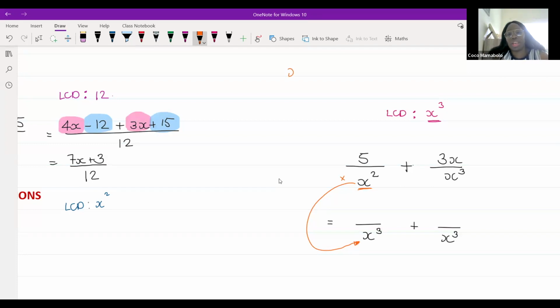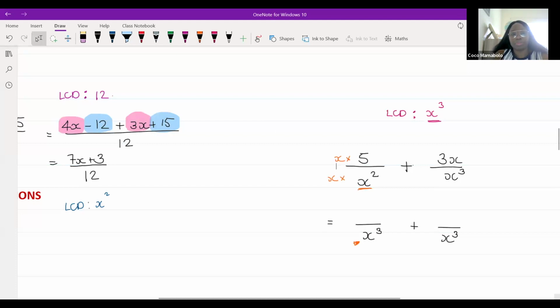Think about it: x squared times what equals x cubed? x squared times x. Good. So we know that we're missing an x, so we're going to times by x, and what I do on the bottom, you do on the top. Good, so we're also going to multiply the top by x.